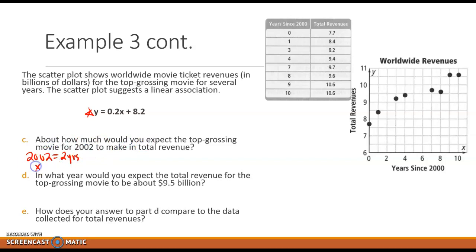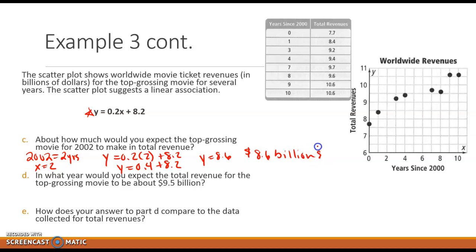So x is 2. And I just plug in for x. So y will equal 0.2 times 2 plus 8.2. So y would equal 0.4 plus 8.2, which would give us a y that is 8.6. Now for what we're doing, that would be $8.6 billion.